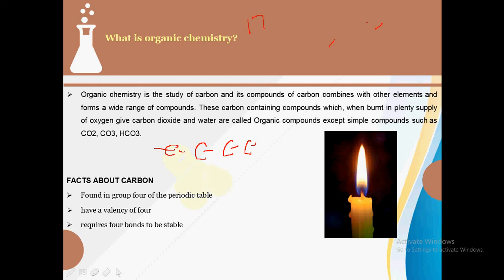It can also go through a double bond arrangement, where I draw 2 lines, and this can also continue. Or it can use a triple bond arrangement like that, and it can continue to form either straight chains, branched chains, or rings of itself. For example, we have rings such as benzene. Those are some of the compounds that carbon can make.